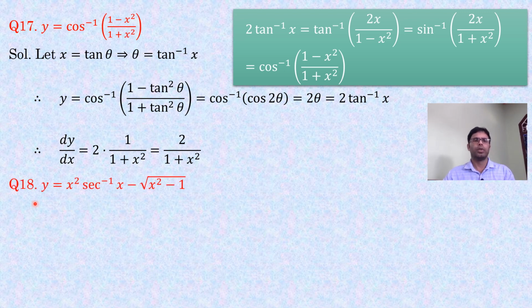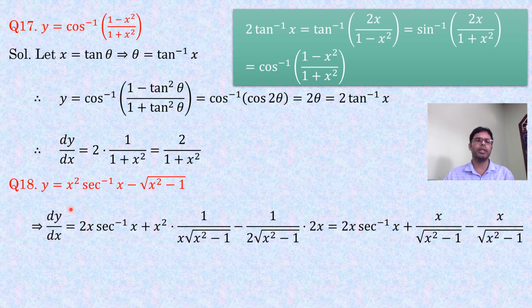Okay, so this is another question, y is equal to x square sec inverse x minus root over (x square minus 1). Simple. Here the product rule will apply, and the root over function derivative you already know. So dy dx is equal to x square derivative, which is 2x, sec inverse remaining the same, plus x square remaining the same, and the sec inverse function derivative formula is 1 by x into root over (x square minus 1). You know this already.